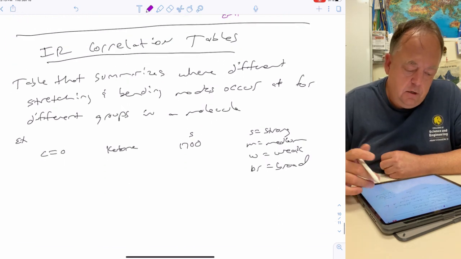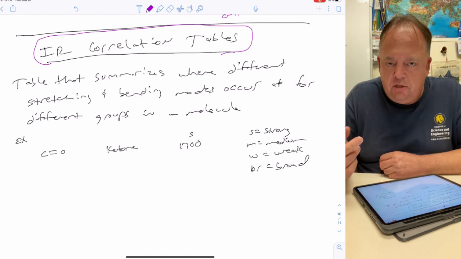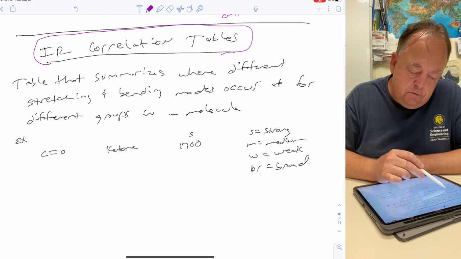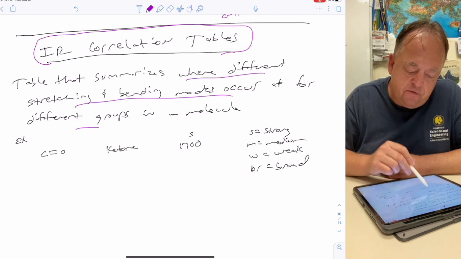Okay, so lastly here, you have what are known as IR correlation tables. This is just a table to summarize where peaks are at. It summarizes where all of the different stretching and bending modes occur for different functional groups.